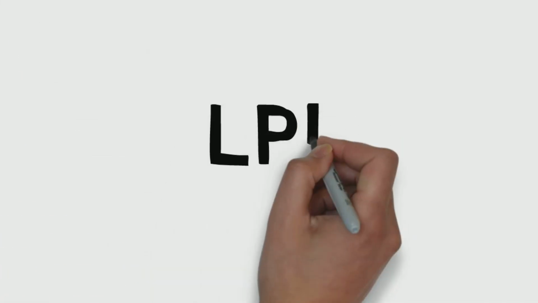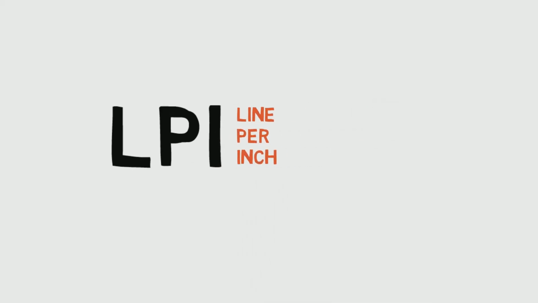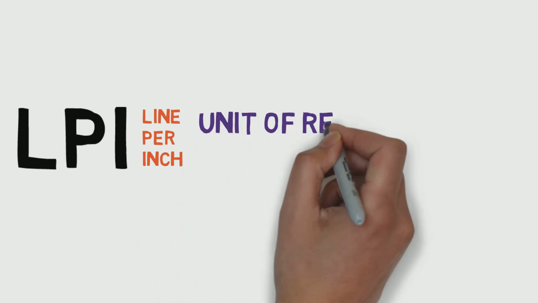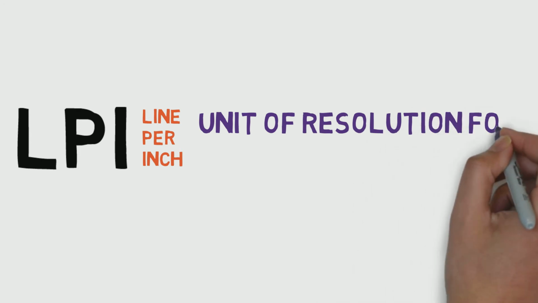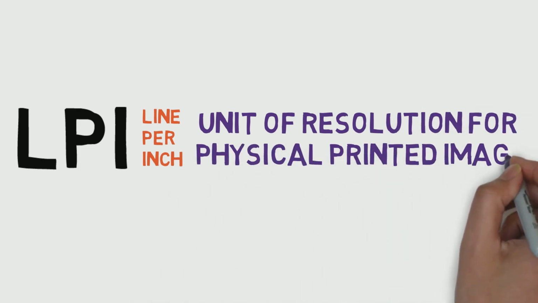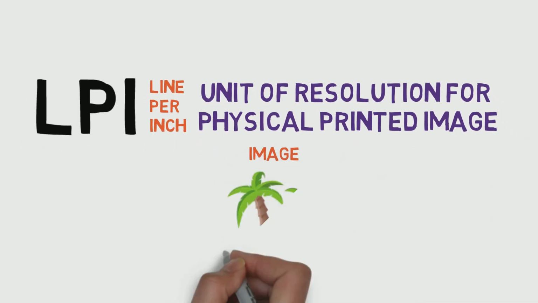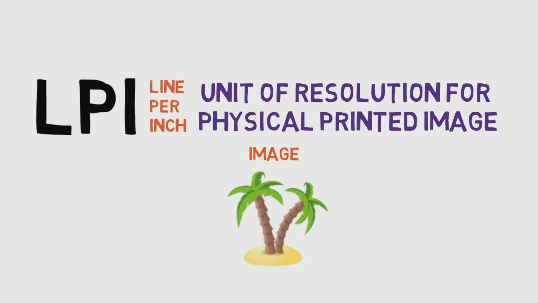Next is LPI. LPI stands for lines per inch. So what is LPI? LPI is a unit of resolution for a physically printed image. Okay, I will explain. Let's say you have this palm tree image.